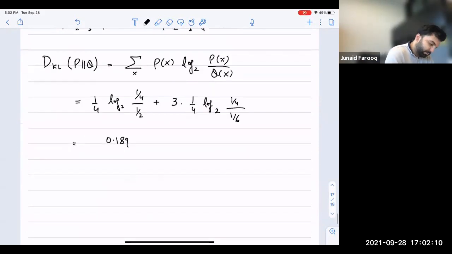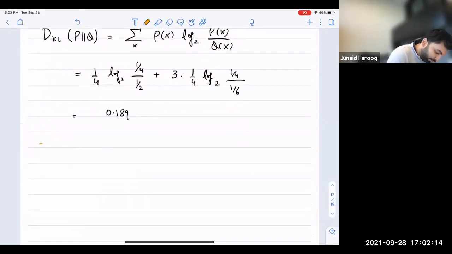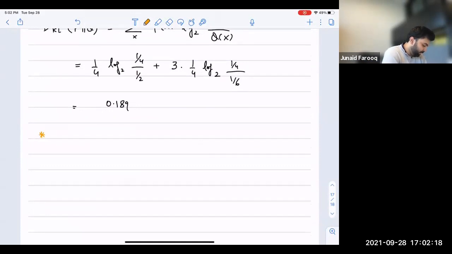Now, I'll just put a couple of remarks here. We're not going to go into a lot of detail on KL divergences, but the idea is useful and it's going to be used in a new concept that's called the mutual information between 2 random variables.